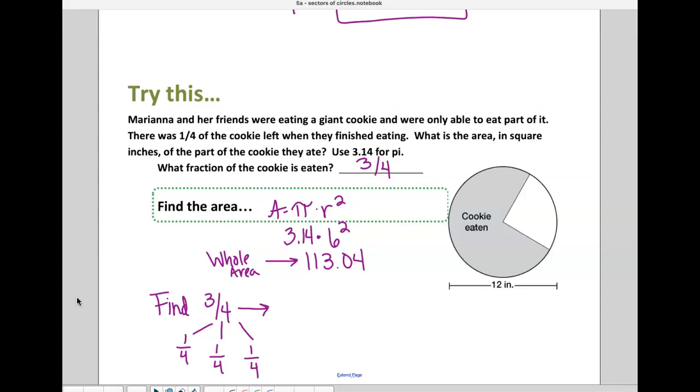How do you find 1/4 of something? Divide by 4. So I'm going to start by doing 113.04 divided by 4. I get 28.26. That's 1/4.